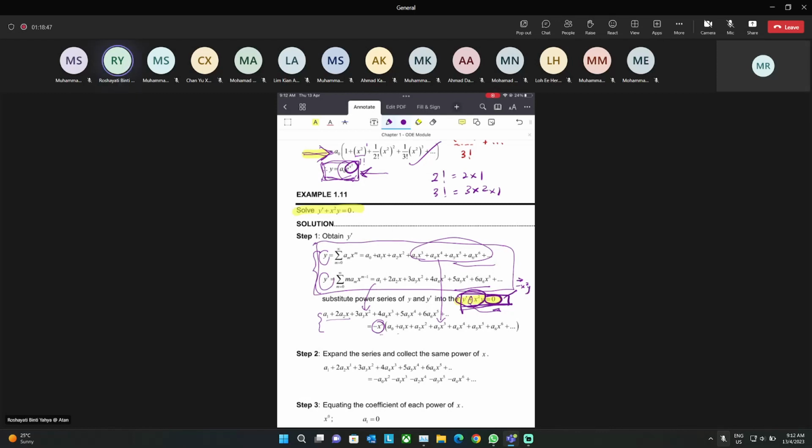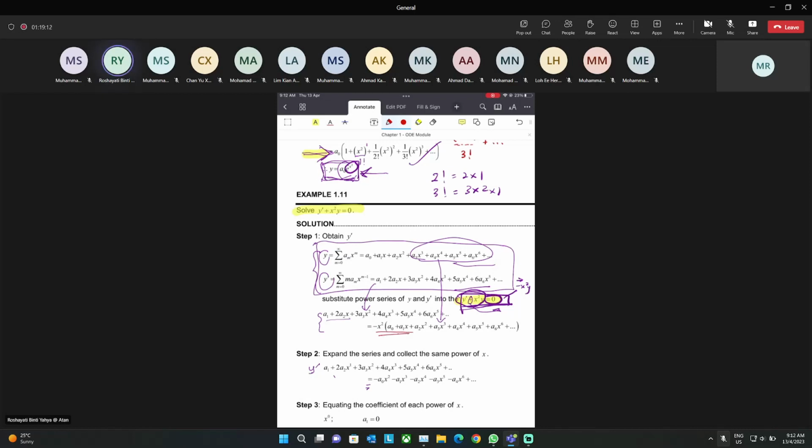Step 2, expand the series and collect the same power of x. So this one, y prime equal to. So you expand all of this.